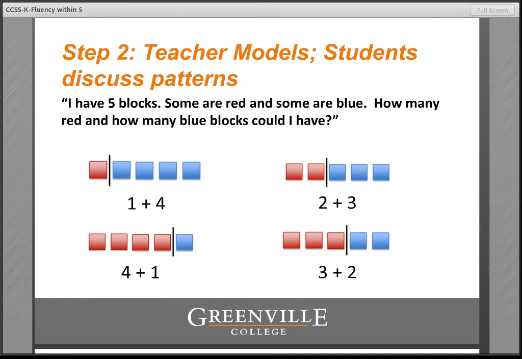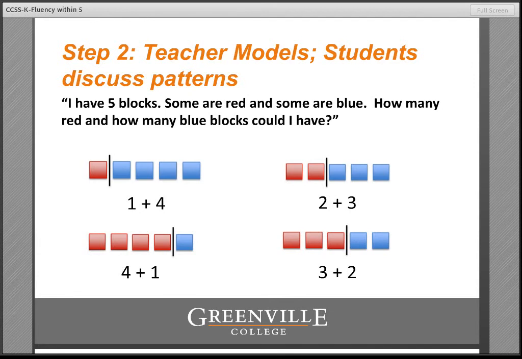On the aspect of vocabulary, the 1 and the 4, the 2 and the 3 are addends. And we continue to refer to them that way even when we do subtraction problems. In the Common Core Progressions documents, the authors indicate that using terms like minuend and subtrahend is not appropriate for kindergarten or first grade children and could actually be a bit harmful for their understanding.